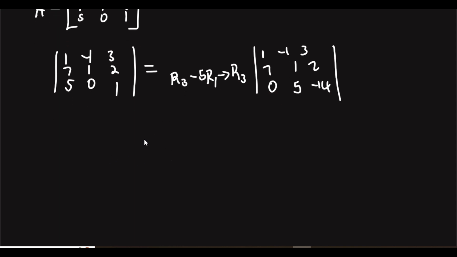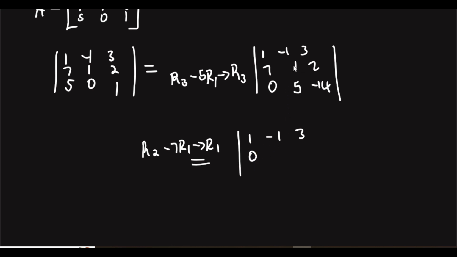Okay, so another operation. Let's take row 2 minus 7 times row 1 to get the new row 1. So what are we going to get? Here this one still remains the same. Then here we are going to get 0, right?